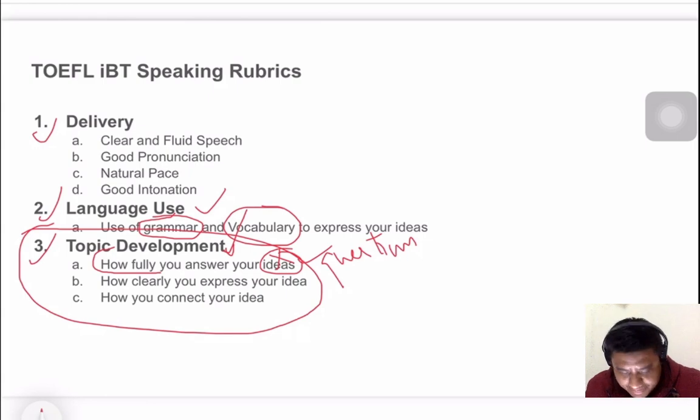So how fully do you answer? Or when you're answering, are you developing the answer in depth or not? These are some of the things they may look at. The next thing is how clearly you express your idea. How clearly means, if you go back to the writing, we talked about something called coherence.